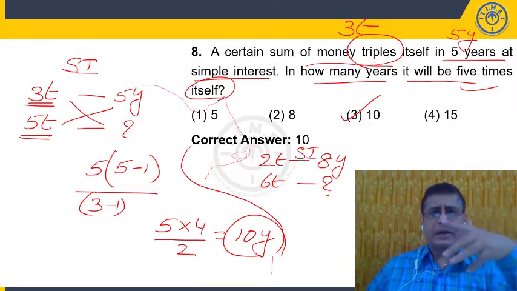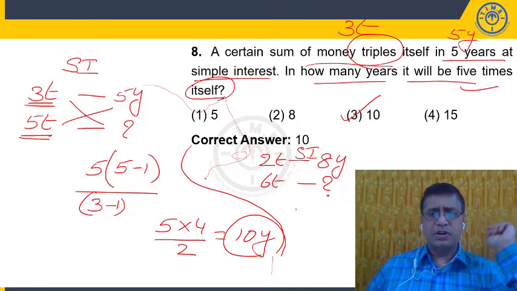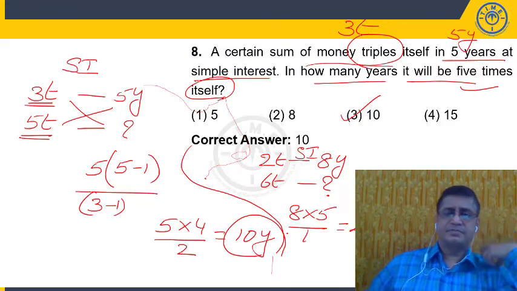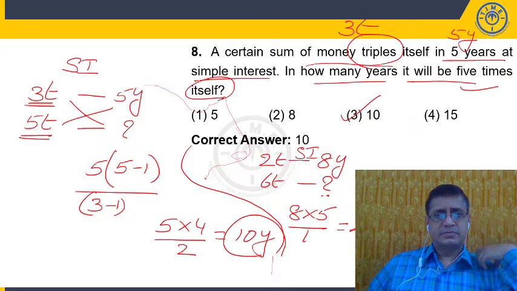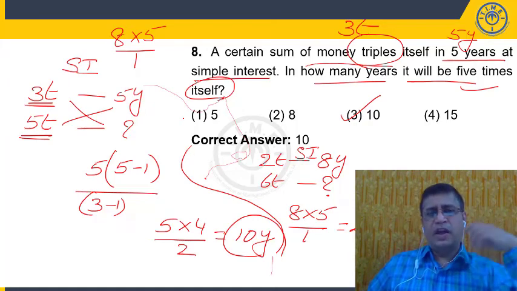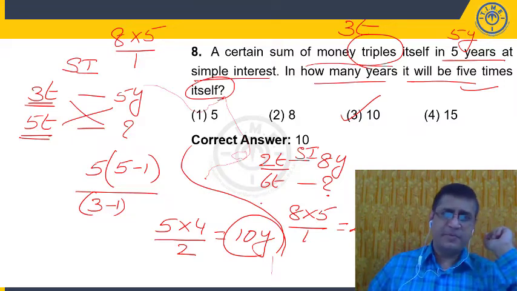The question is the same, I am just changing the numbers for your practice. Same logic here. 8 into 5 by 1, the answer is 40. What is that? 8 into 5 by 1. Why am I writing 5? 6 minus 1 and 2 minus 1. So the result is 40. Am I clear?